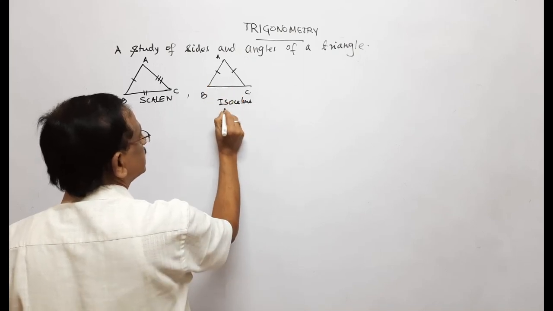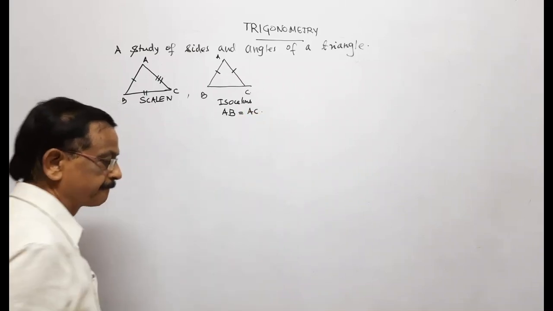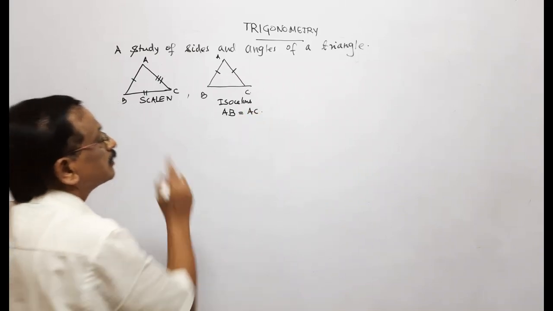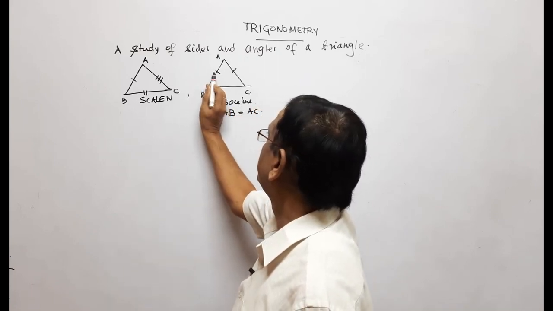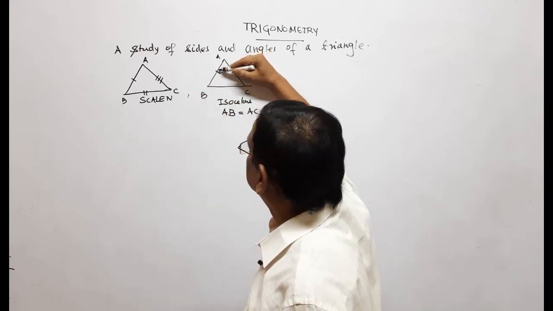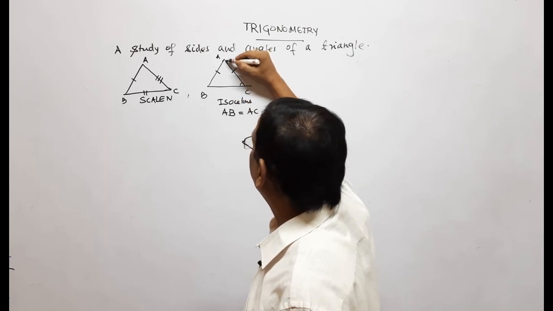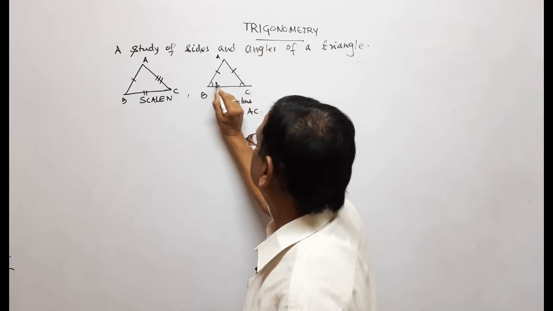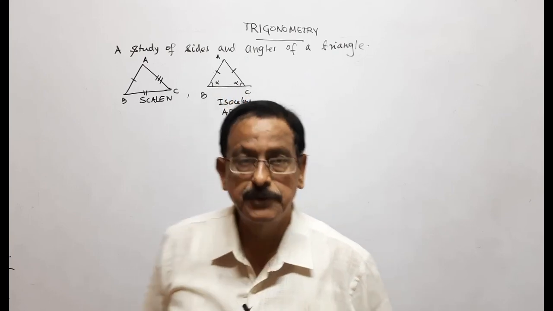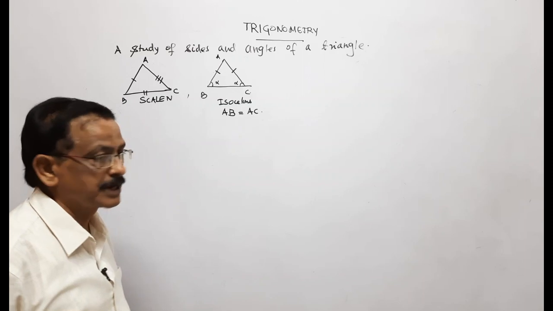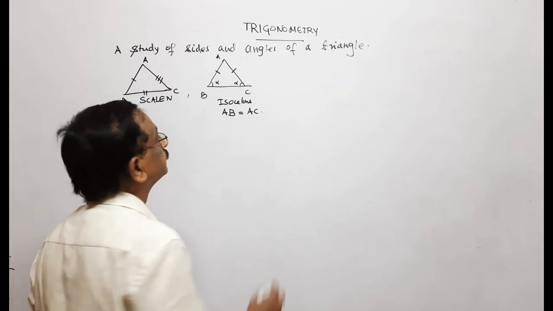Here AB is equal to AC. The basic property of the triangle is, if AB equals AC, the angle opposite to AB and the angle opposite to the side AC are equal. If I say this is alpha, this must be alpha. So if two angles are equal in a triangle, then it is called isosceles.